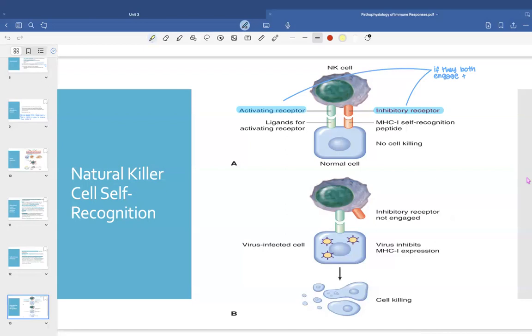So think of it that way. Two prongs were good, one prong, short circuit. Destruction, electrocution. And so if you only have that excitatory or activating receptor engaged, then it will actually destroy the cell. It'd be programmed to target that cell.